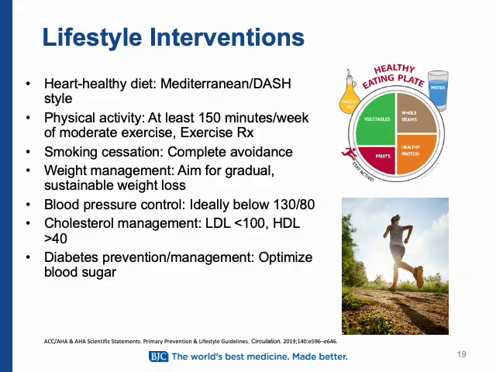This prescription details what the patient needs to do in terms of exercise and is actually signed by a provider and given to them at the end of their visit. And those exercise prescriptions have been shown to increase patient physical activity. We want to recommend complete smoking cessation, including avoidance of all cigarettes, vaping, or any secondhand smoke.